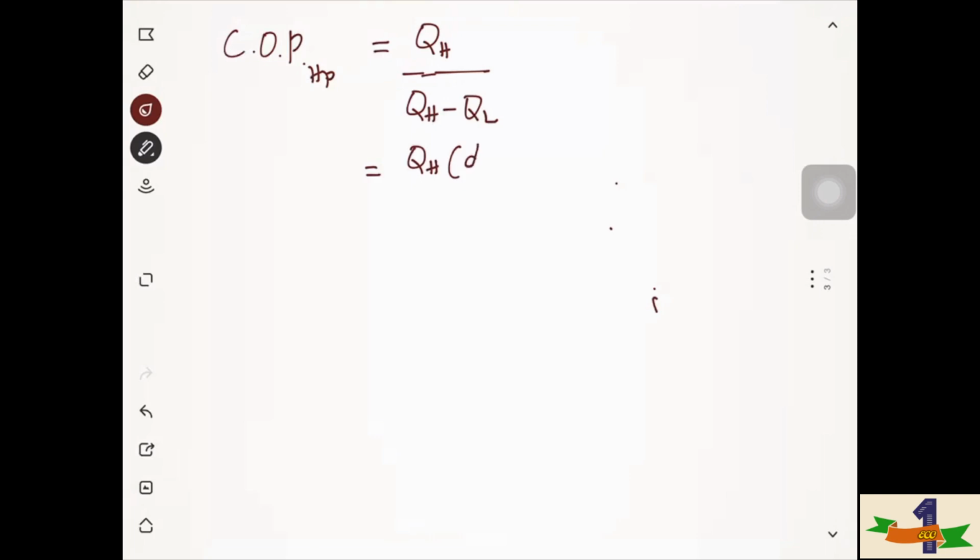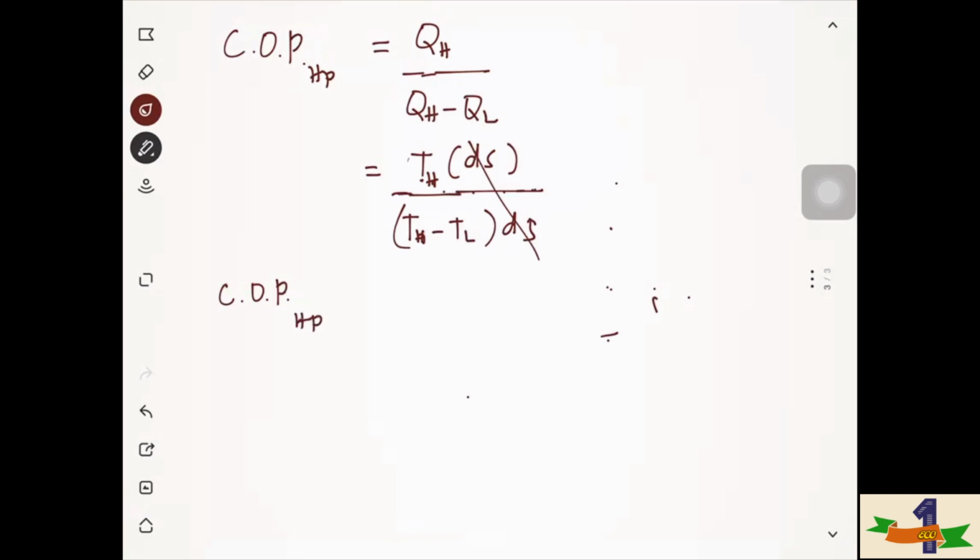So this is QH times the delta S, so we can write that as TH over TH minus TL times the delta S.